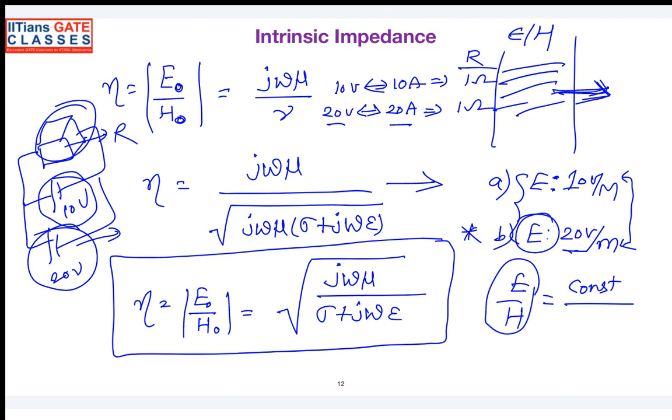In fact, the impedance of the medium purely depends upon these constants, sigma, omega, and epsilon. So you got the problem? The strength of the electromagnetic signal or waves cannot influence the impedance of the medium. Fine, good.